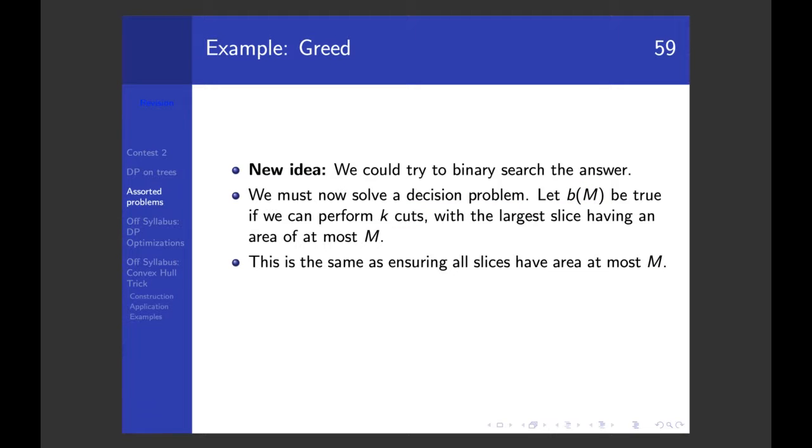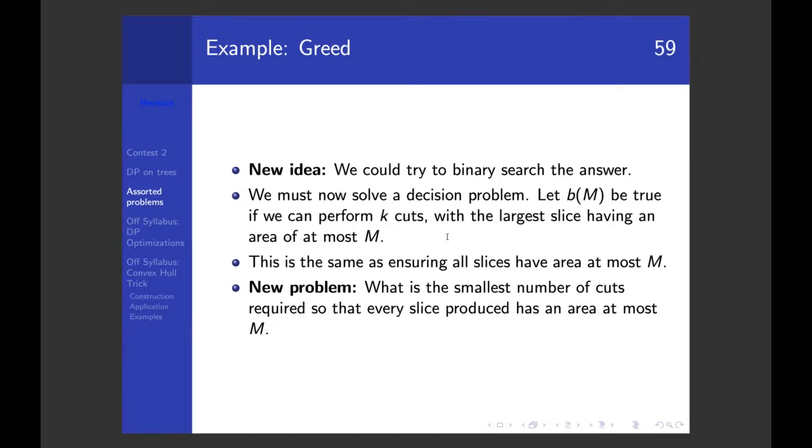Now, notice that the maximum slice having an area at most m is the same as ensuring that all slices have an area at most m, because if the maximum slice has an area at most m, then all of them do.